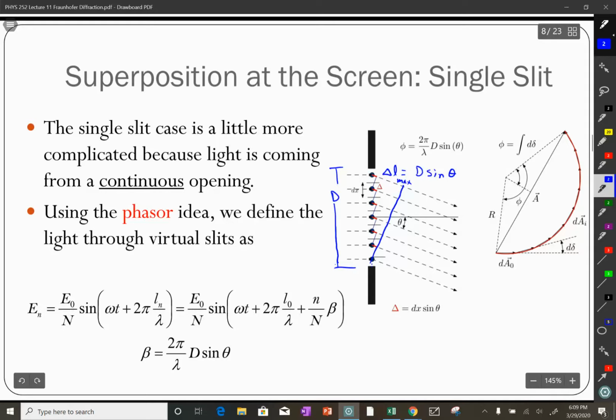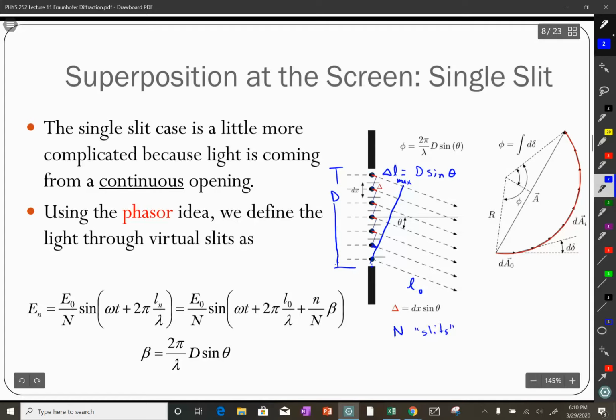But if I'm right here, the first ray has a distance, I'll call it L0. And then the second ray that's up just a little bit is going to have just a fraction of the total max. So I'm going to say that I break it into N slits.